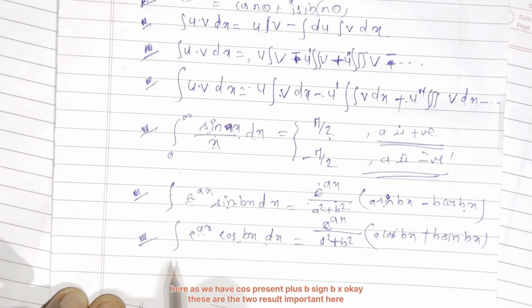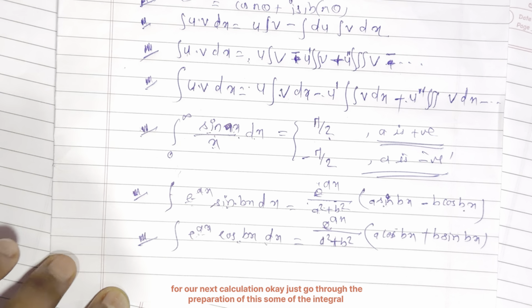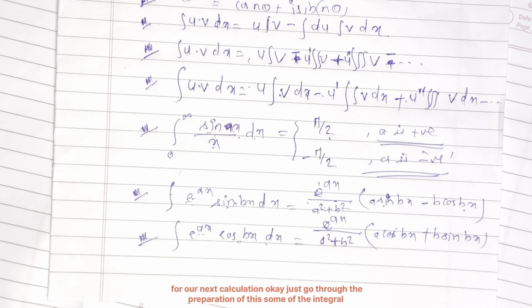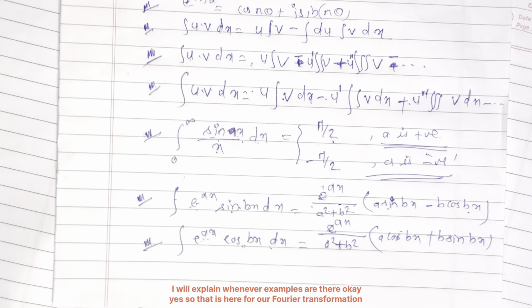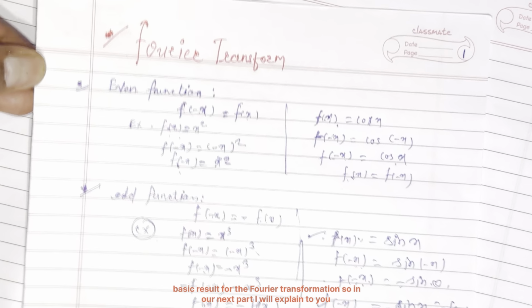These are the two important results for our next calculation. Just go through the preparation of this. Some integration results are also important, whenever we change the positions of the integration, and how to deal with them. These are easy integration results that I will explain when examples come. So these are the basic results for Fourier transformation.